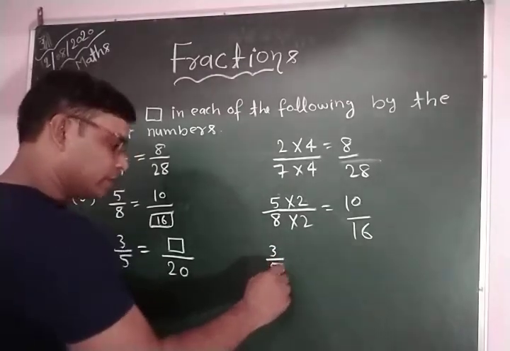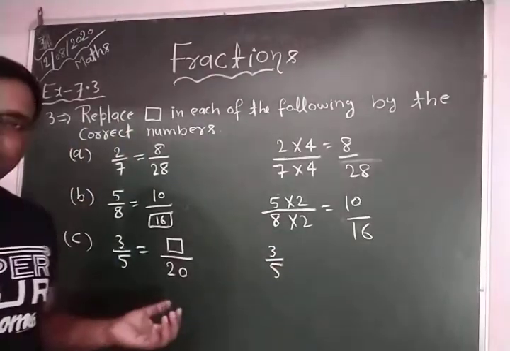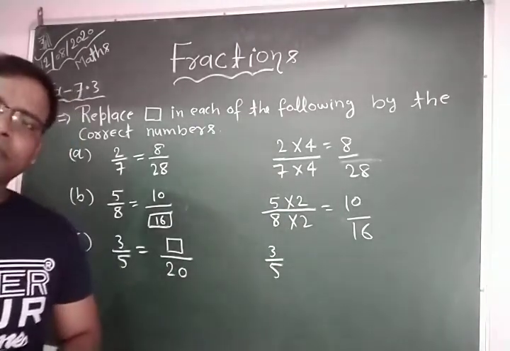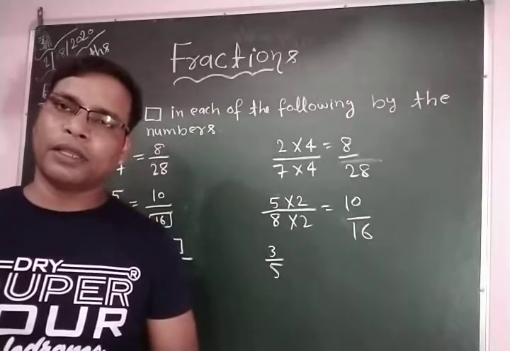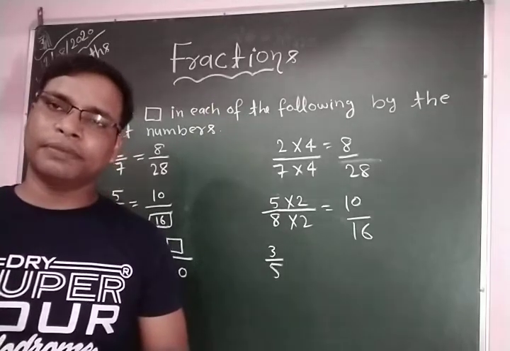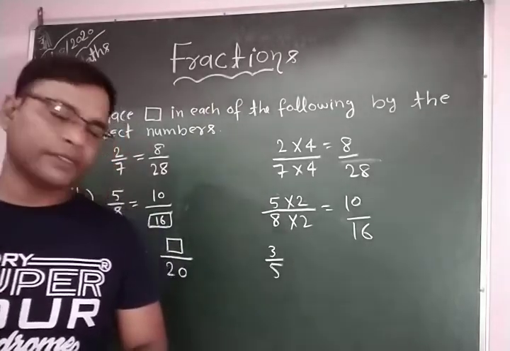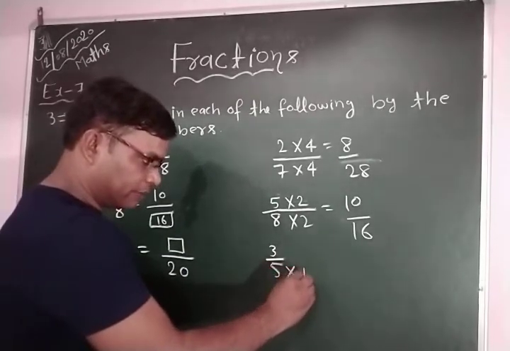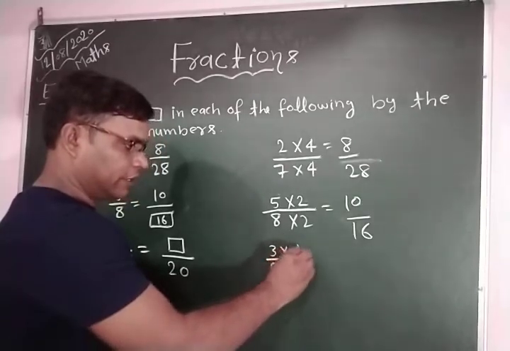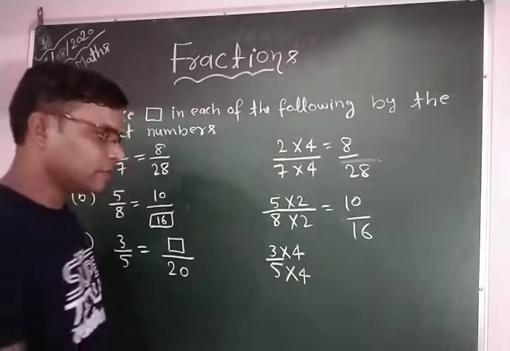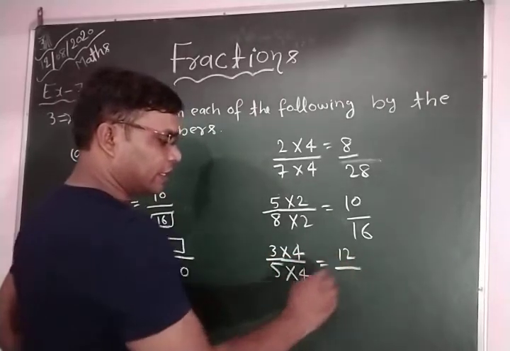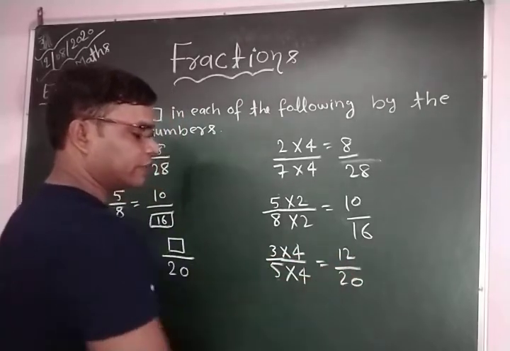By which number do we multiply 5 to obtain 20? Obviously, by 4. So in both the numerator and denominator we multiply by 4. 3 into 4 is 12, and 4 into 5 is 20.